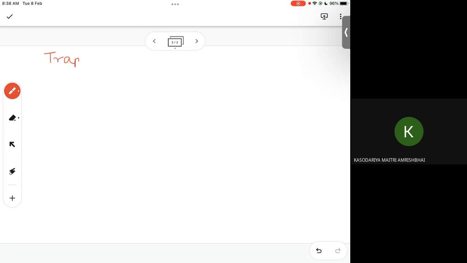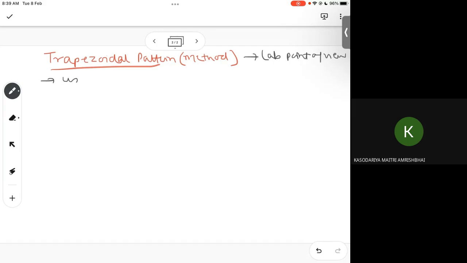It is a method, so this is useful. You could be asked questions in the lab or even in the exam, so please note that. It is also useful for our understanding from the theory point of view, so basically it is useful when you're modulating.